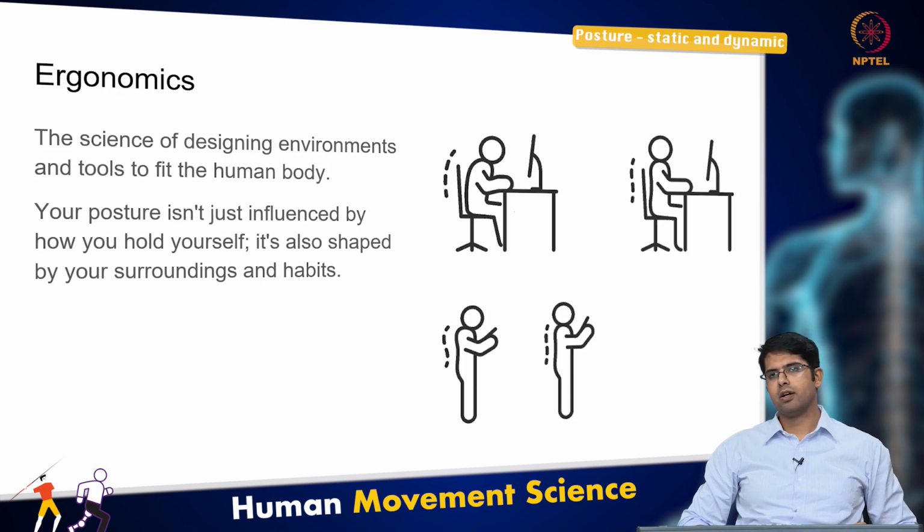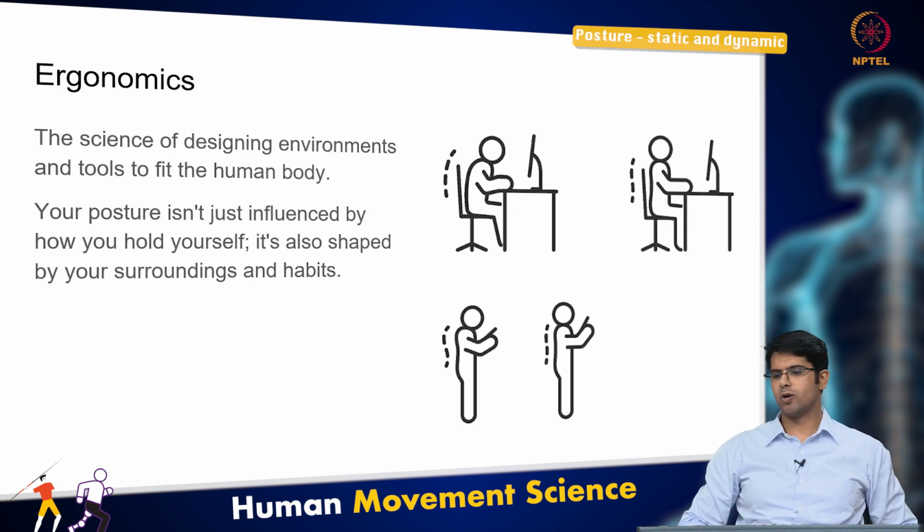Next up is ergonomics, which is the science behind designing environments and tools to fit the human body. So we as humans are crafty little animals. We have designed a lot of tools and equipment to make our lives easier, but in the process, we have not looked at how they are affecting us instead of us just using them.